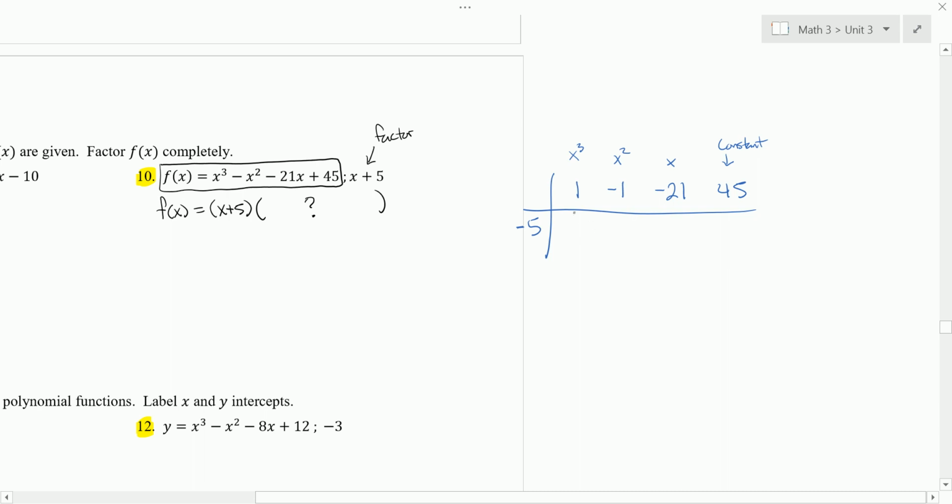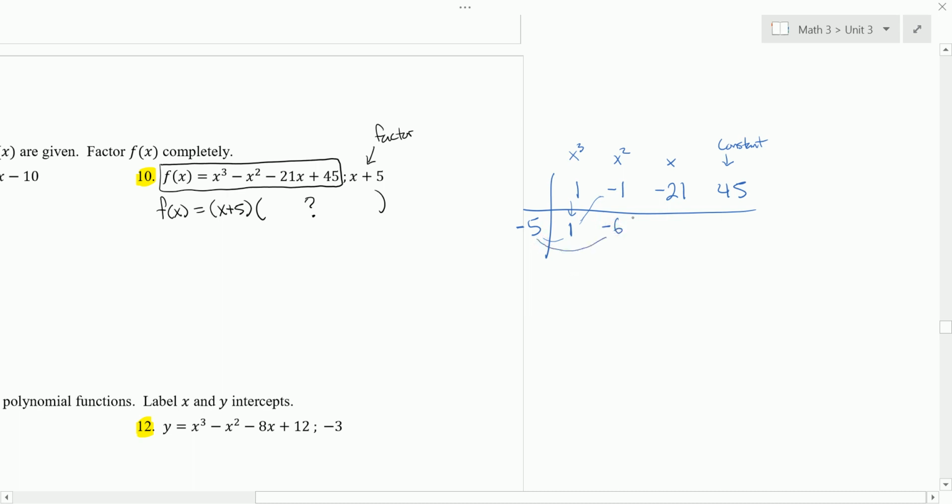Go through the process. We bring down the 1. -5 times 1 is -5 plus -1. So -5 plus -1 is -6.